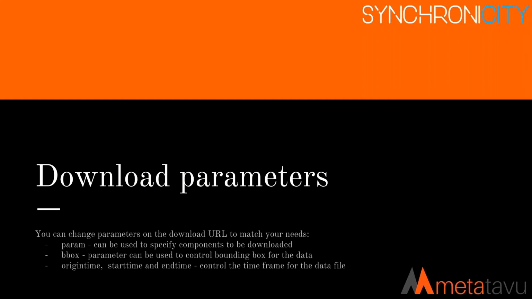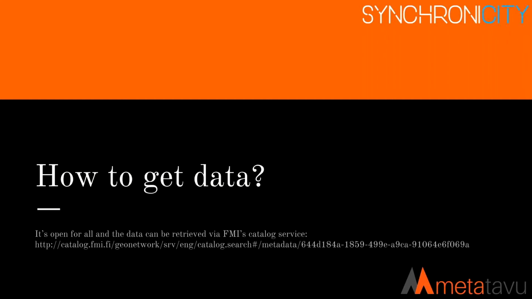And you can also use the bbox parameter to limit the size of the area and map which is involved, and it could dramatically reduce the size of the file. We can maybe show again how you can actually download the data.